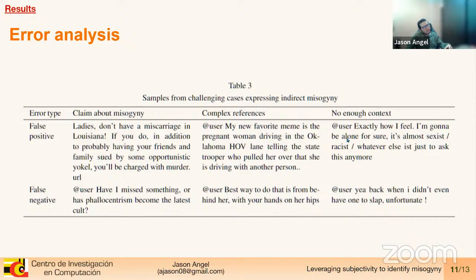And of course, there are scenarios in which there is not enough context. So maybe these cases could be or not be misogynistic depending on the specific content that is missing in the tweet. In this case, let's say this is a comment, then the context is the rest of the comment or the post, but we are not considering that context.